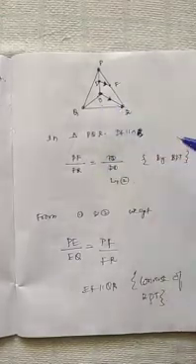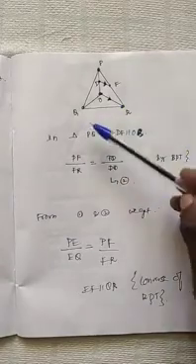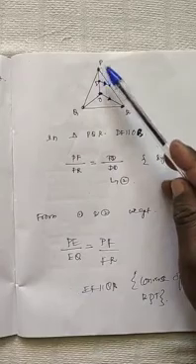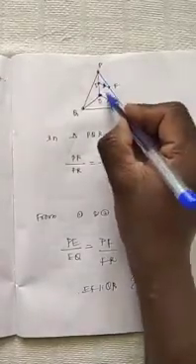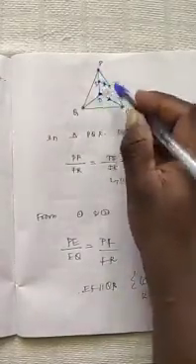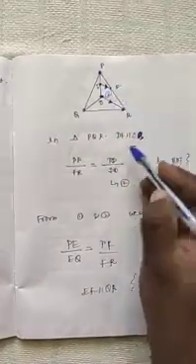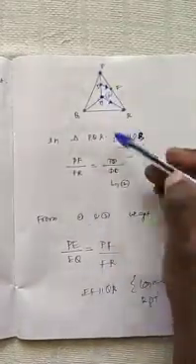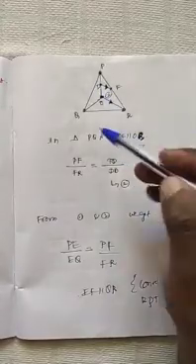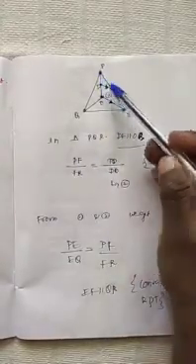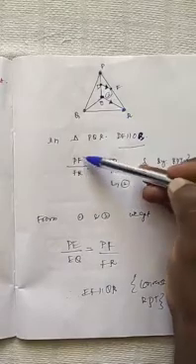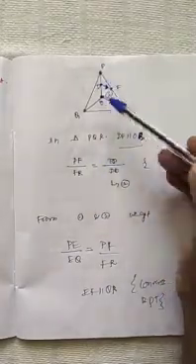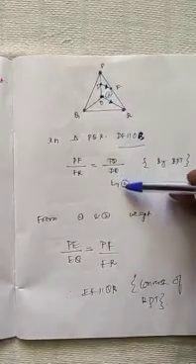So here DF is parallel to OR, in the second triangle POR. Hence by applying the basic proportionality theorem, we get PF by FR, on the left-hand side, equals PD by OD. Call it equation number 2.